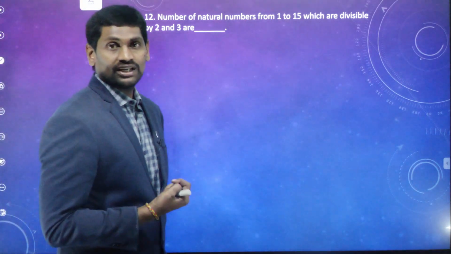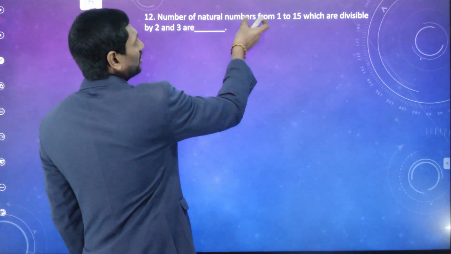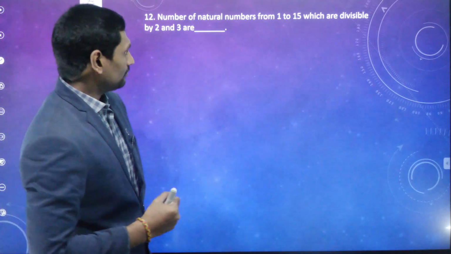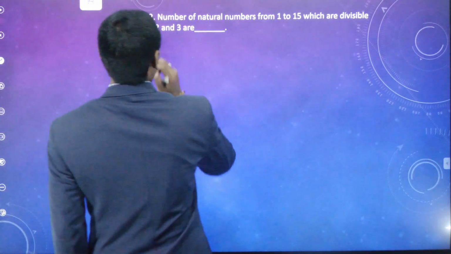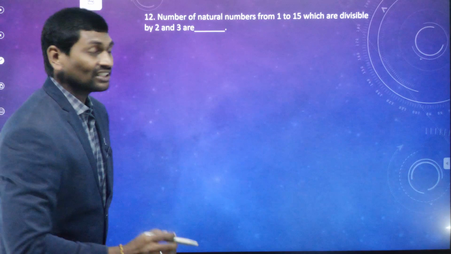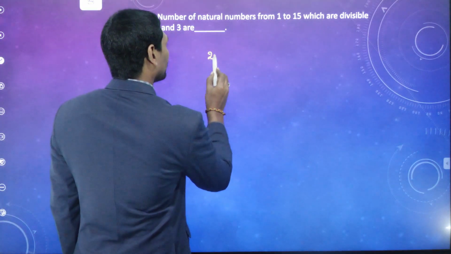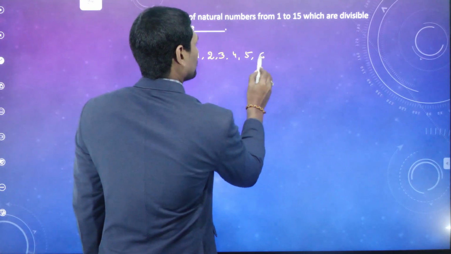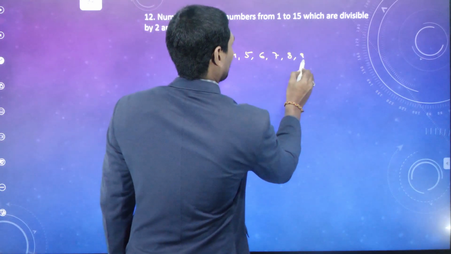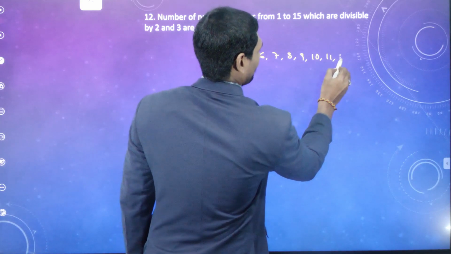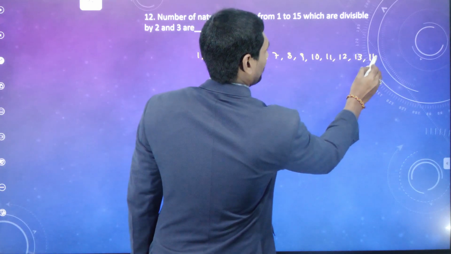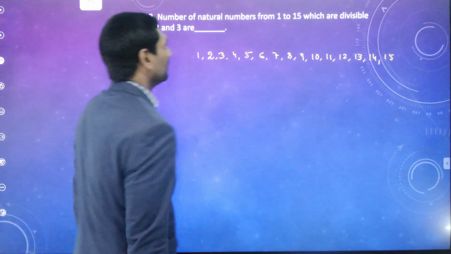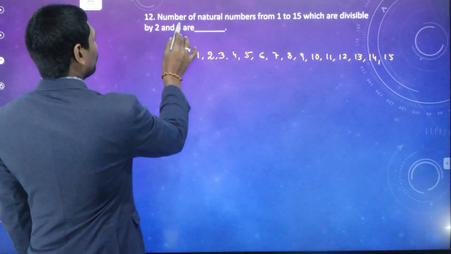Question number 12. Number of natural numbers from 1 to 15 which are divisible by 2 and 3. The numbers available from 1 to 15 are 1, 2, 3, 4, 5, 6, 7, 8, 9, 10, 11, 12, 13, 14 and 15. See which are divisible by 2 and 3.